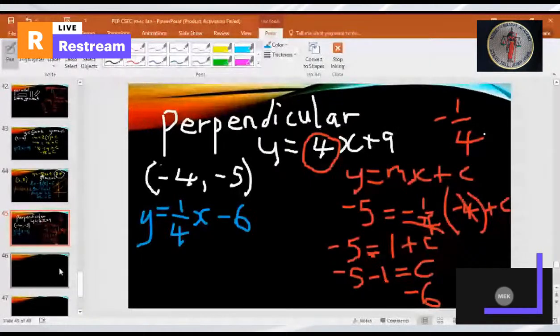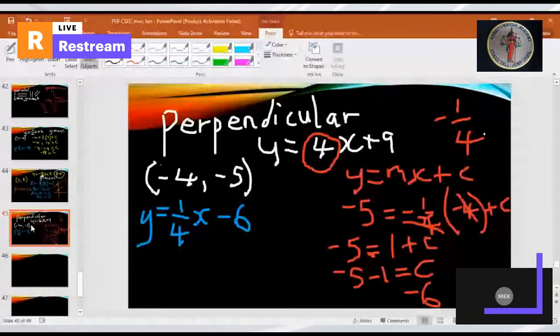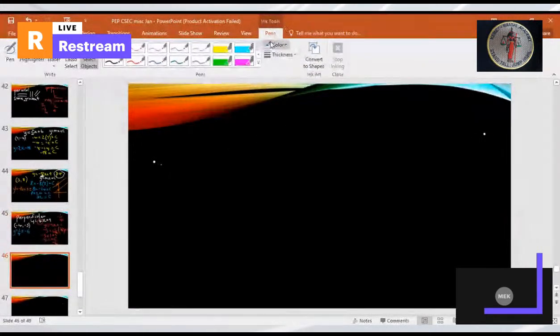Okay, so let me give you one on your own, and then we're going to wrap up this section. Let's say we have a line, and the equation of that line is y equals -5x minus 3.